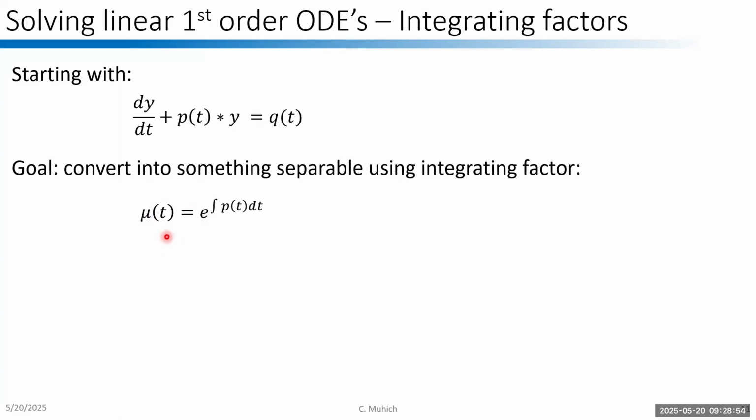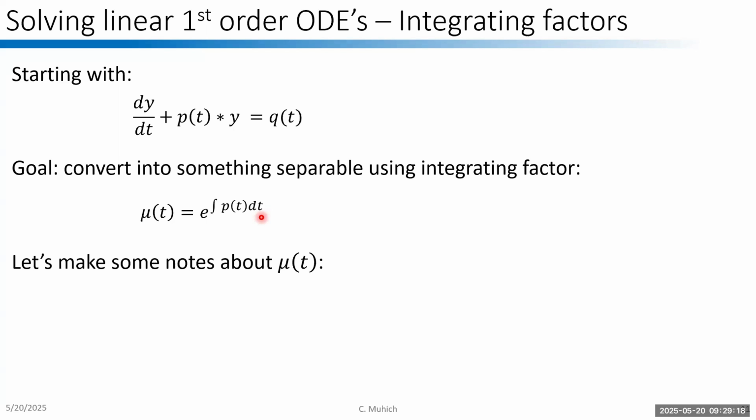Our integrating factor we're going to call mu, which will be a function of our independent variable, and it's going to be equal to e raised to the power of the integral of that p function with respect to t. I know it sounds weird, but this is going to really help us simplify our solution.